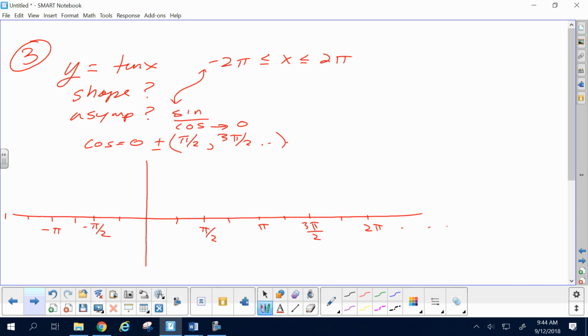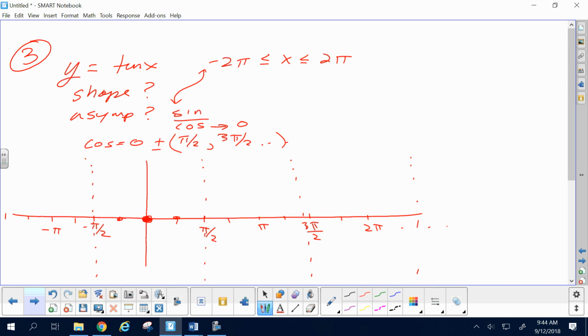I have asymptotes at negative pi over 2, and 3 pi over 2, and 5 pi over 2, and so on. Okay, good deal. Now then, after that, there are 3 points that I expect you to locate. Those aren't the actual points. Tangent of 0 right in the middle.